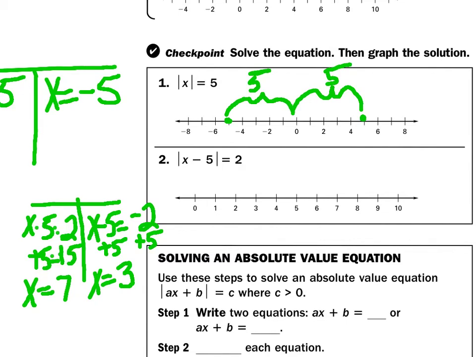One of the common mistakes on absolute value is that when a student gets the positive side here, some of them will just throw a negative sign on it and say x is either positive 7 or negative 7. And that's not really true. You have to go back and solve each side of the equation.